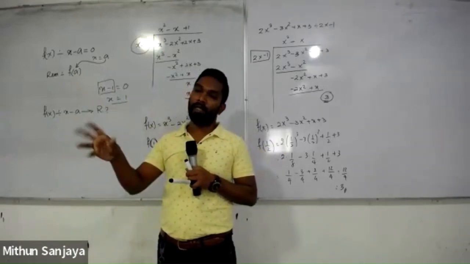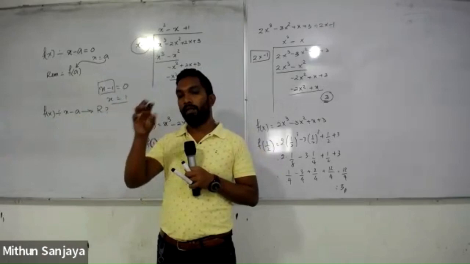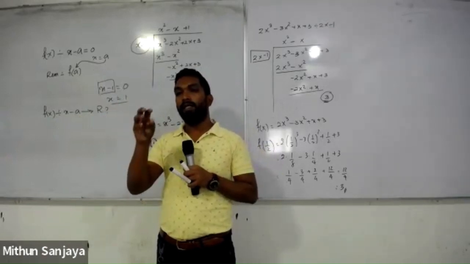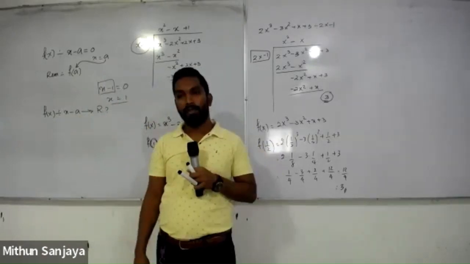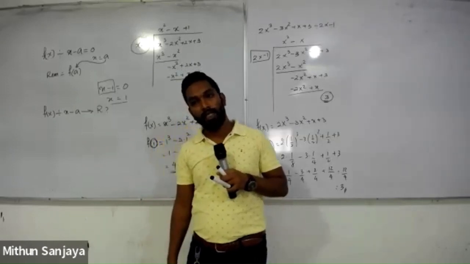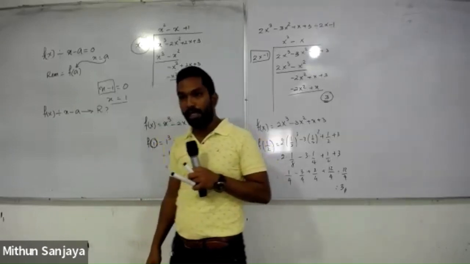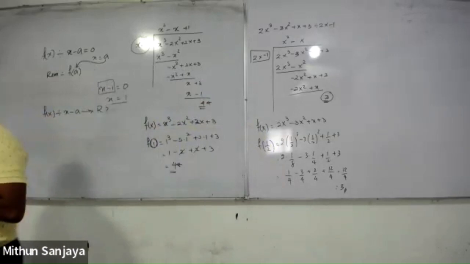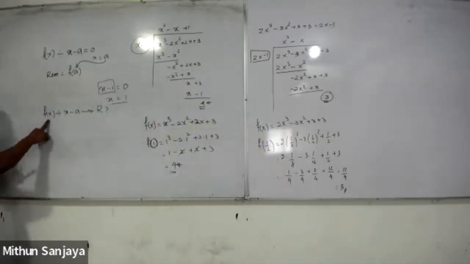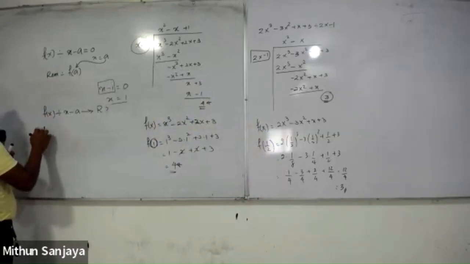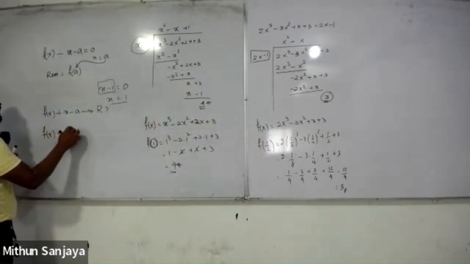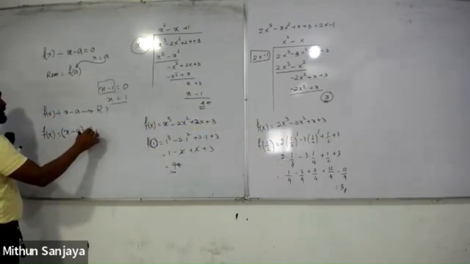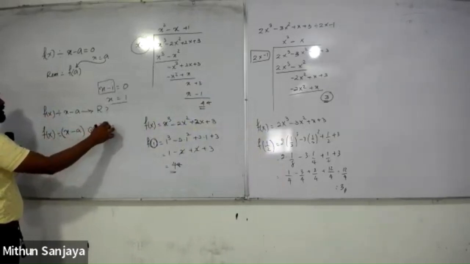Then we write f(x) equals (x minus a) times the quotient q(x) plus the remainder.